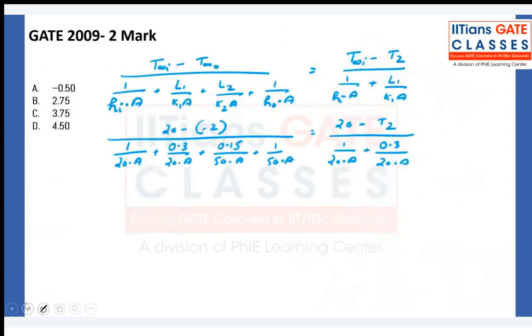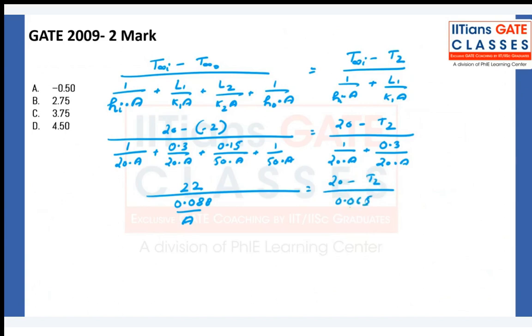Now when you solve this, you will get some value here, and then per unit area, I think this is around 0.088. And when you solve this, 20 minus 22, you will get 0.065 upon area.